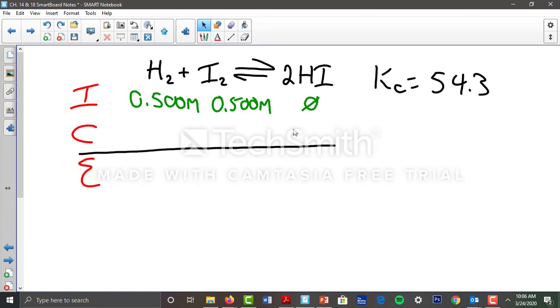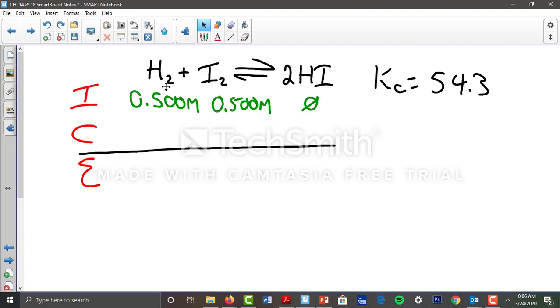All right, here's a second example, which is in our textbooks on page 635 and 636. So it's a problem involving hydrogen and iodine producing hydrogen iodide with an equilibrium value of 54.3. You can see that you start with H2 and I2 and no hydrogen iodide initially.